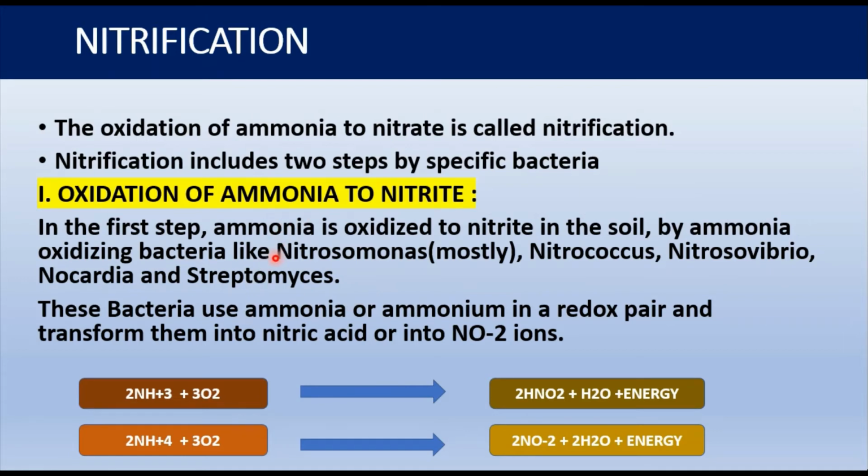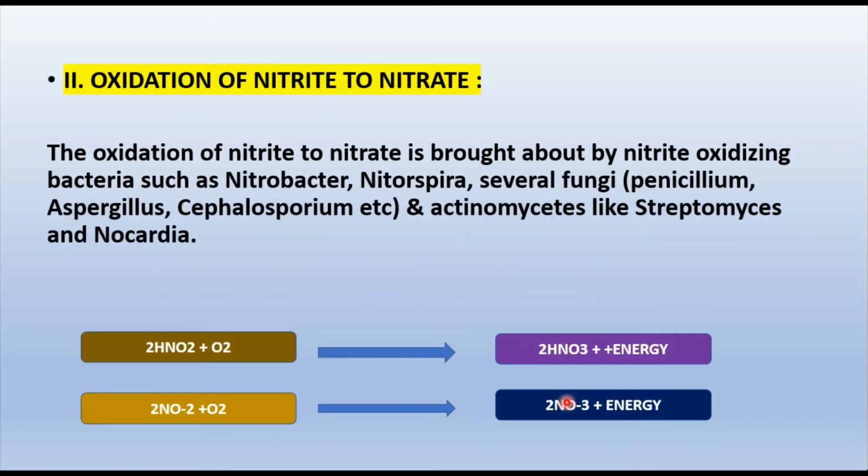These bacteria use ammonia or ammonium ions in a redox pair and transform them into nitric acid or nitrite ions. This is how they convert it from the ammonia stage to the nitrite form. Now the second step is the conversion of nitrite ions to nitrates.